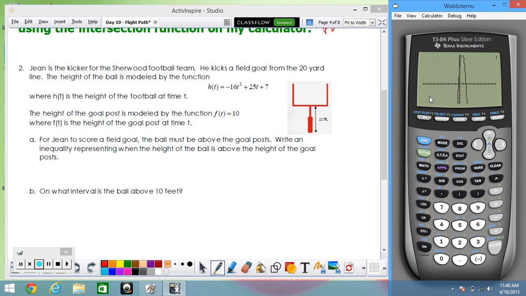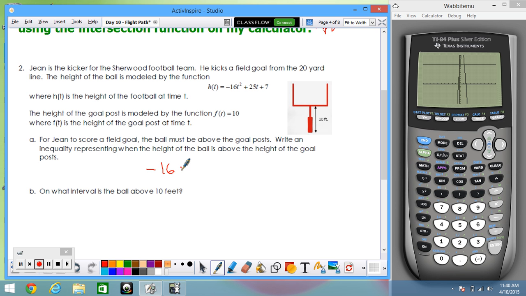So it goes up, but he kicks the ball, and the question is, he must be above the goalposts. Oh, write an inequality. So the inequality needs to be the height of the ball, which is the function, must be greater than 10. On what intervals is the ball above 10 feet?